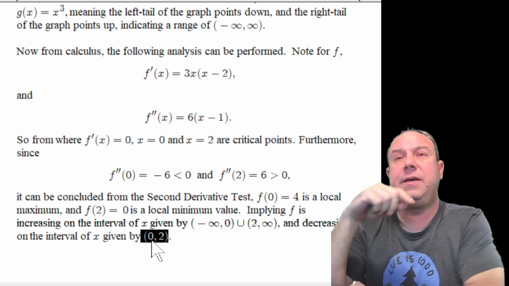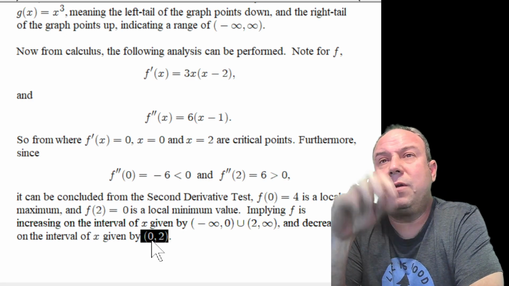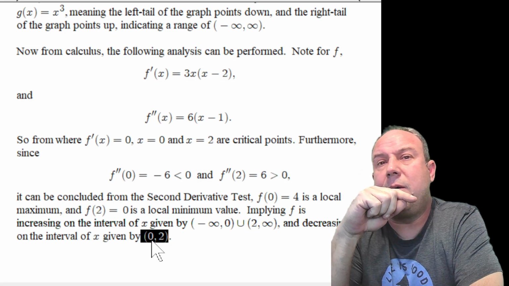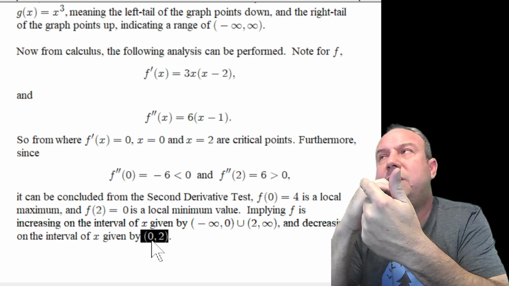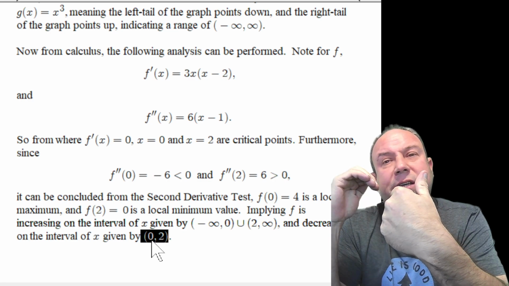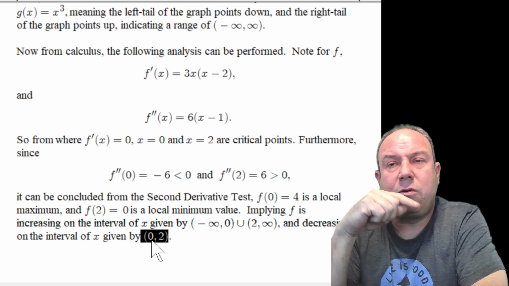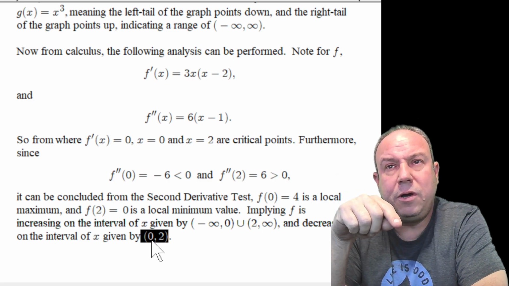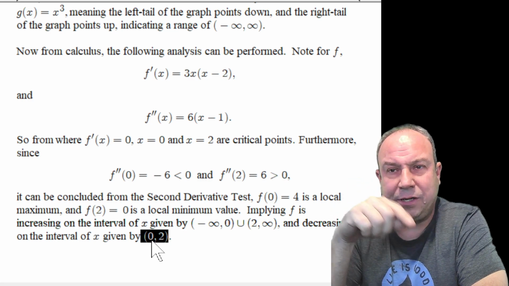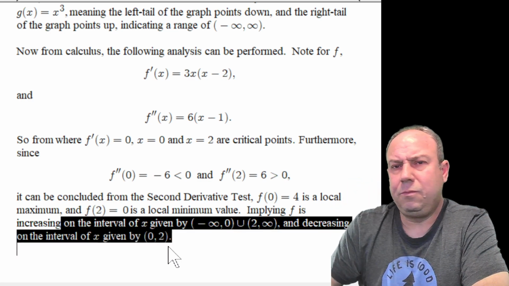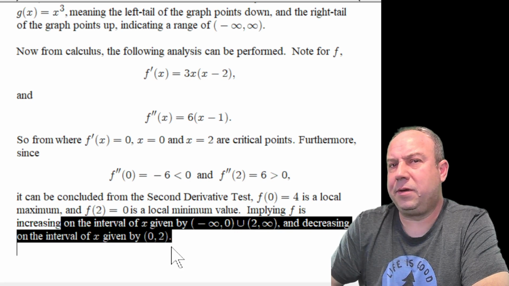In order to be a local maximum value at 0, you had to be increasing before 0 and decreasing after it. And in order to be a local minimum at 2, you had to be decreasing before 2 and increasing after it, which is what these intervals describe.